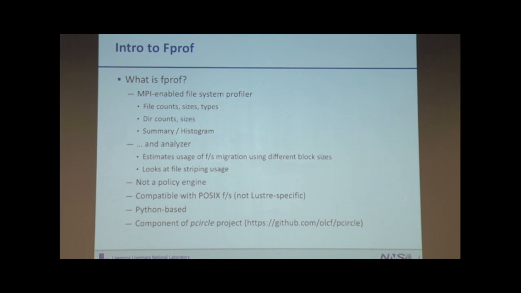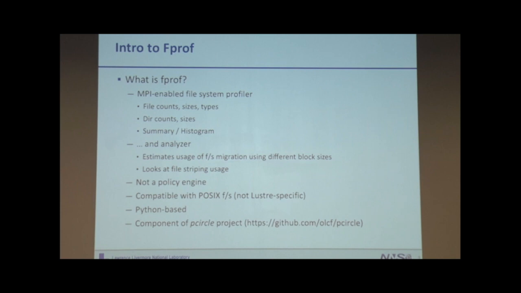We've been able to use it to preemptively address problems before they became real problems, I guess. It's not a policy engine. There are policy engines out there, Robinhood, Starfish, that do a good job of what they do, but I think they have a different scope than what I want to do here. They're not maybe a true profiler that will give you an on-demand snapshot of what your data looks like.